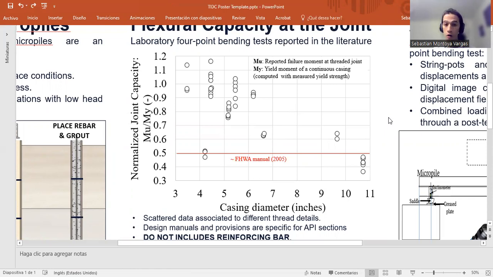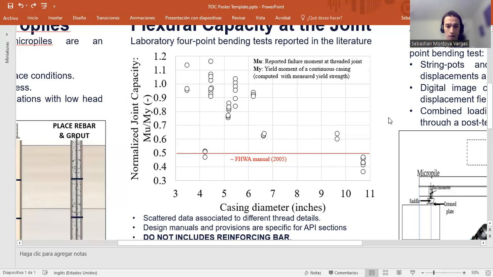So a ratio of MU over MY equal to 1 means that the joint fails at the same load as a continuous pile would, a ratio less than 1 means that the joint fails at a lower moment than a continuous pile would, and a ratio bigger than 1 means that the micropile will fail first at the continuous section rather than at the joint. On the horizontal axis, I'm presenting these ratios for different casing diameters in inches.